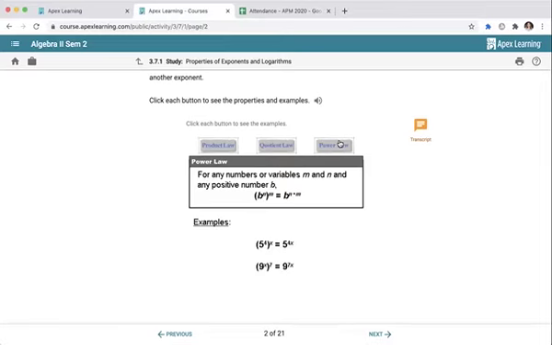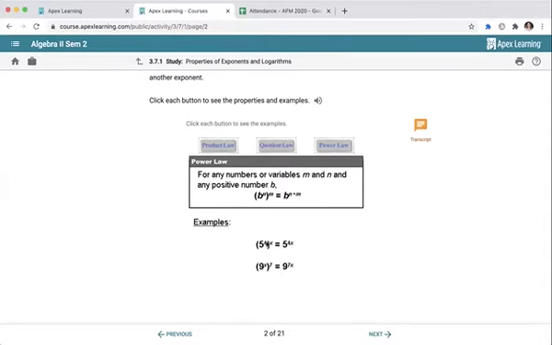And then for this one here, the power law. This is if you have b to the power of m, and this quantity is then raised to the power of n. What we end up doing here is we multiply our two exponents together.